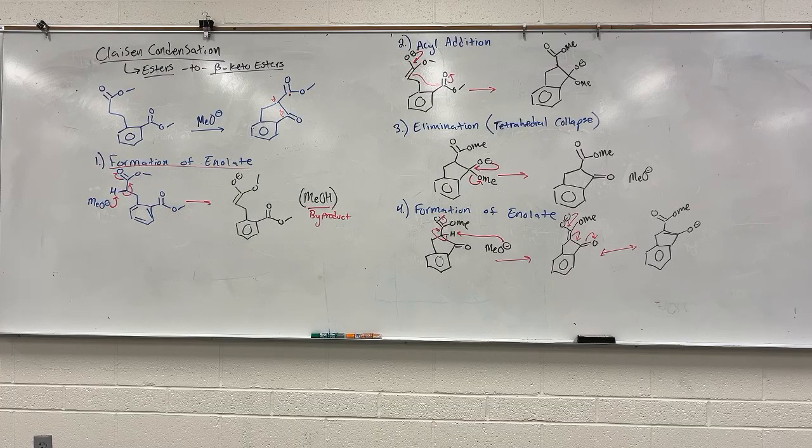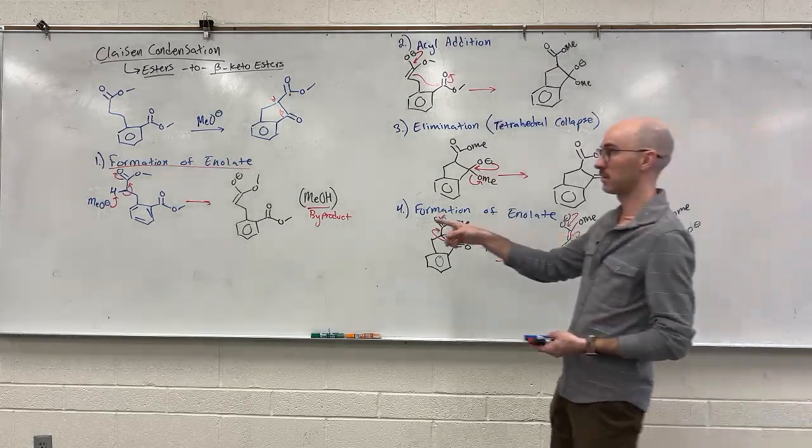So what do I need to do? How can I get my product? I have just run a reaction that formed a beta keto ester that was 10 billion times more acidic than my starting material. And because of that, I just lost the product that I wanted because it fell into this acid-base trap.